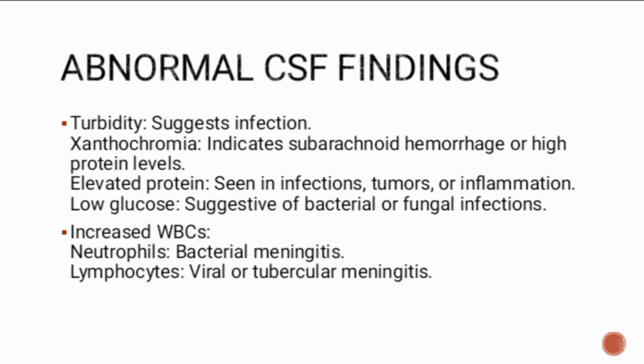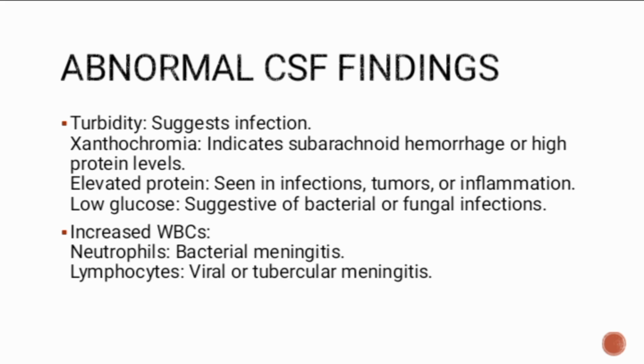Abnormal CSF findings. When abnormalities are found in CSF, they can indicate specific conditions. For instance, turbidity or cloudiness suggests infection. Xanthochromia, a yellowish discoloration, can indicate subarachnoid hemorrhage or high protein levels. Increased protein might be due to tumors, infections, or inflammation.